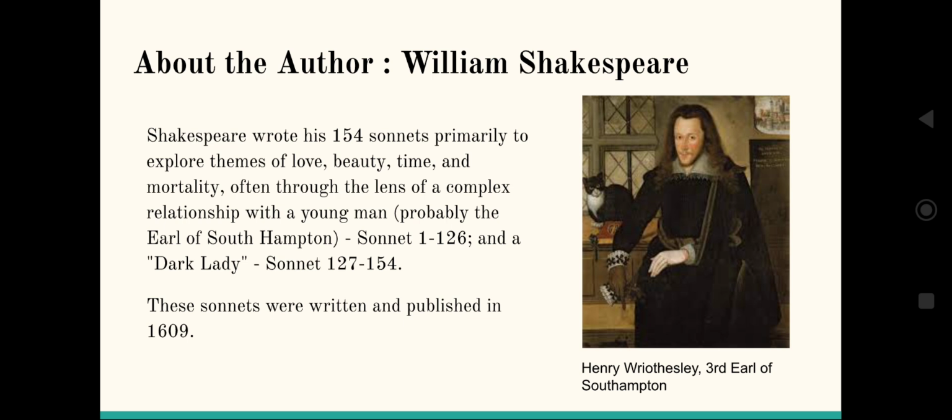Probably, again, we haven't found this in any text or content, but it's just an interpretation. Some scholars believe that it was written for a young man, some scholars believe that it was completely his imagination, but still we never know. It was probably, emphasis on the word probably, the Earl of Southampton.